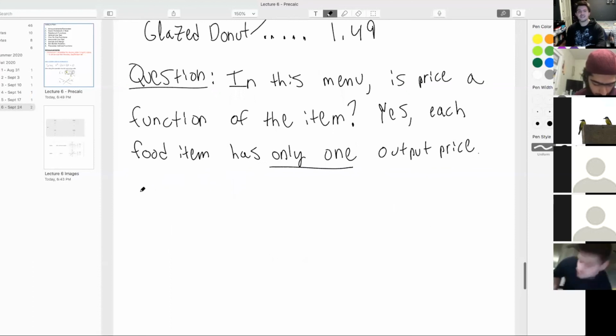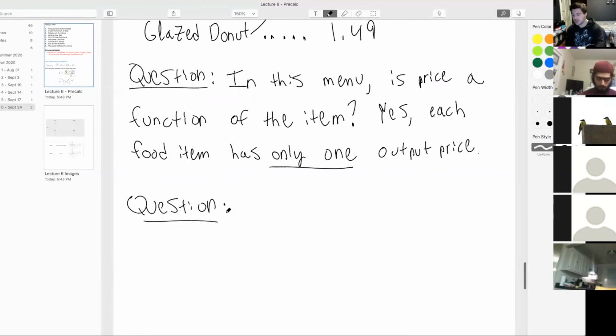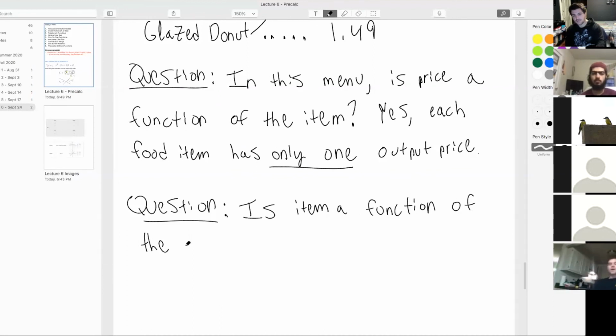Okay. Next question. Now let's flip it. Is item a function of the price? Function of the price. All right, let's take a moment to think about this.